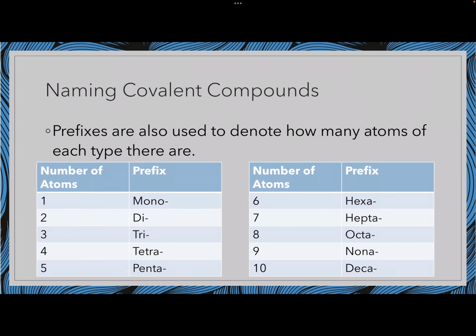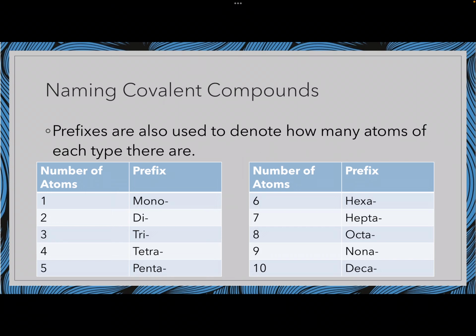So we also have to use prefixes. As I said before, we need to use that mono, di, tri sort of stuff, basically because we can arrange them in different ways. The ones that you'll need to know the most are mono, di, and tri. So mono is 1, di is 2, tri is 3.